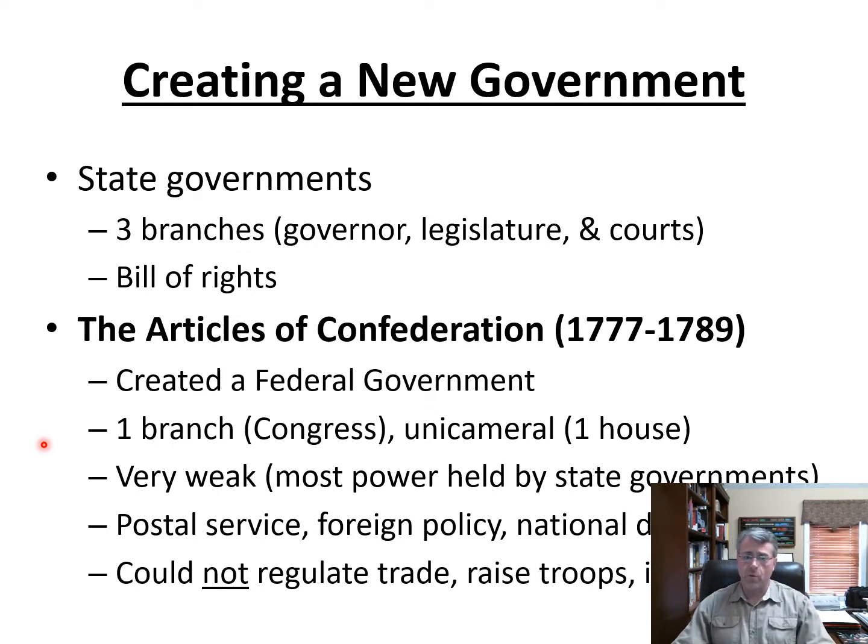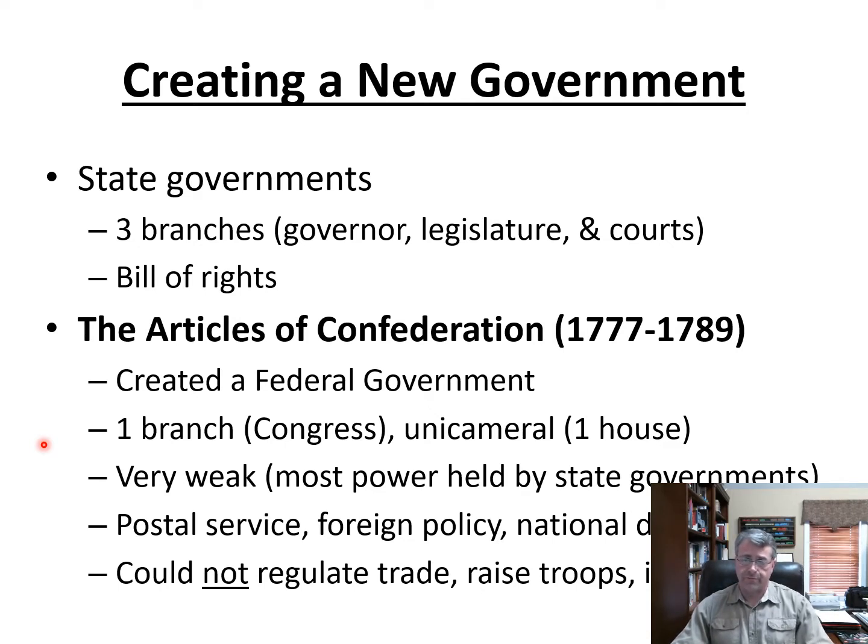So over the course of the war, all 13 colonies converted themselves from a colony into a state by creating these individual state constitutions.